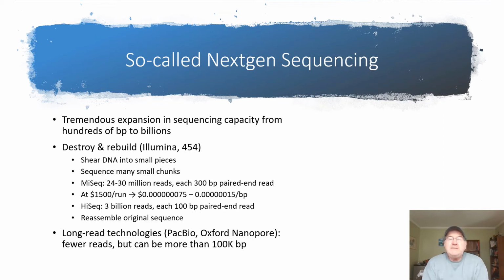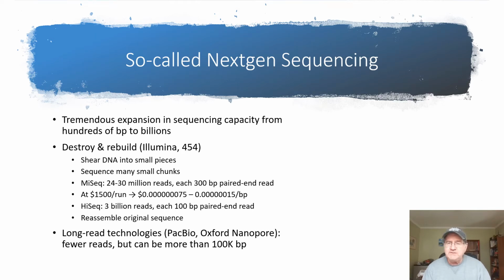There are a couple of different strategies for this, and this is that second versus third generation sort of approach. The older one, what I've kind of tongue-in-cheek here called destroy and rebuild. Illumina is the most common technology, a set of technologies, I should say, that people are familiar with.